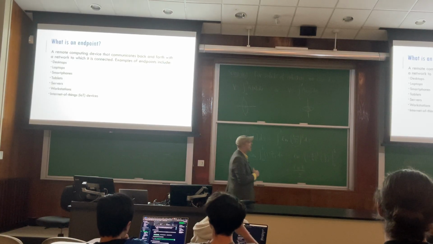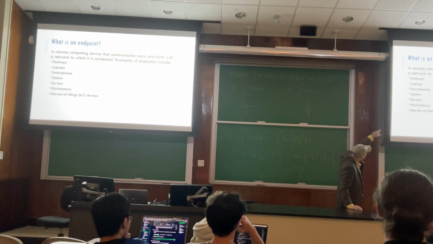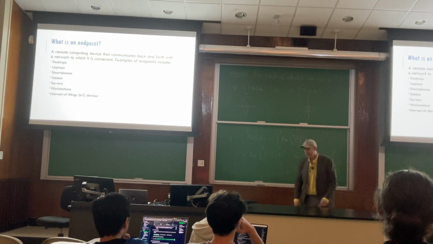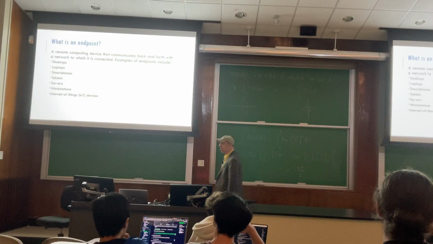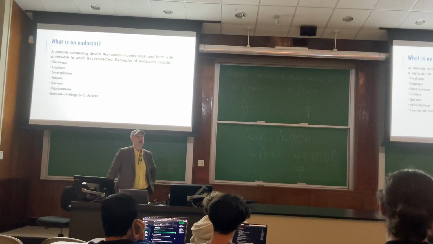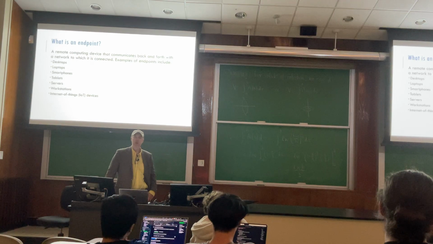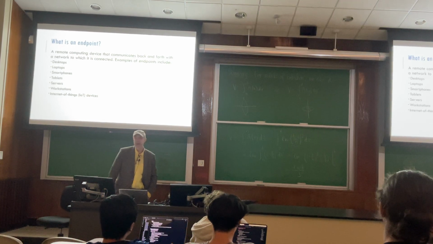An endpoint we would typically think of as a device, right? We have all these different endpoints. Broadly speaking, these are endpoints. But we can also think of a server having multiple endpoints. So a backend server may have many different endpoints.